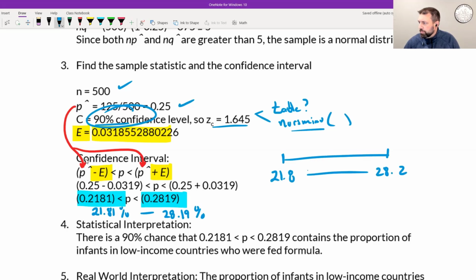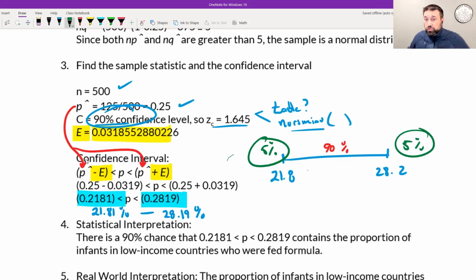Now, could there be countries that lie outside this range? Sure, 5% on this side and 5% on this side. We could be wrong, the average could be above or below, but we're 90% confident that it's in between these two values.